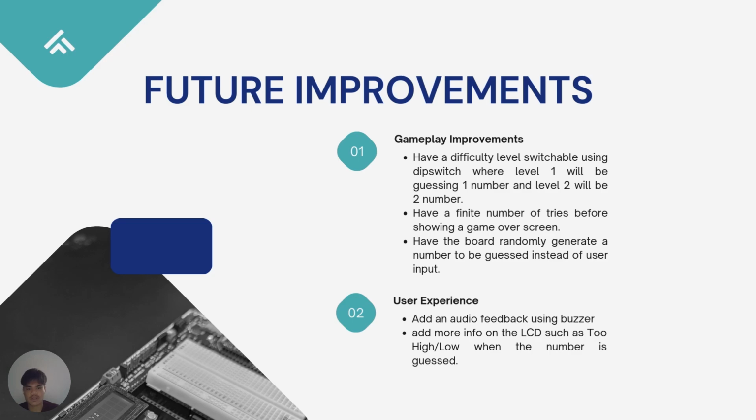And third, have the board randomly generate a number to be guessed instead of user input. For user experience, add audio feedback using a buzzer. Add more info on the LCD such as too high or too low when the number is guessed.